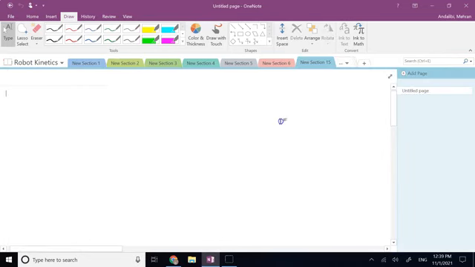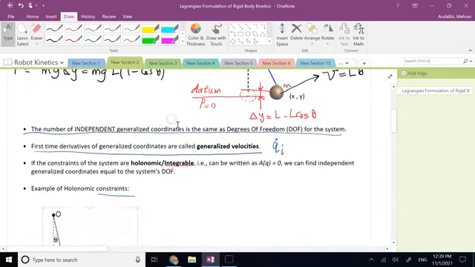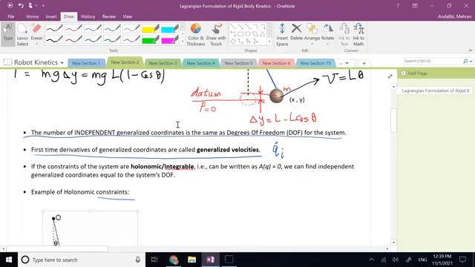How? So here, we divide our constraints into two categories, holonomic and non-holonomic. Holonomic means that the constraint is only described between the q values. So we can write it as A of q equals 0, where A is in general a nonlinear function.